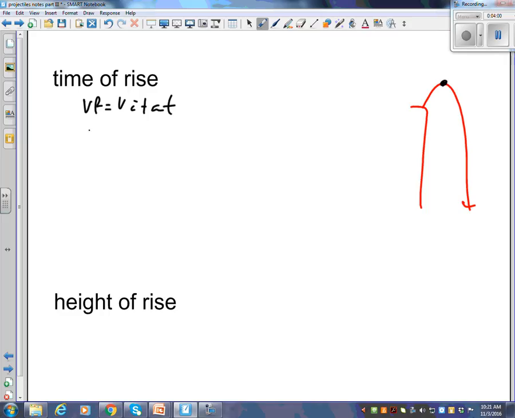And our vertical component is 0 and the initial is 8, plus minus 9.8 t. And you've got to be able to solve this. T is going to be minus 8 all over minus 9.8.